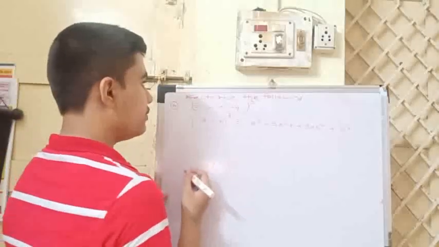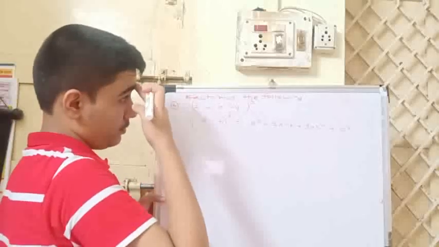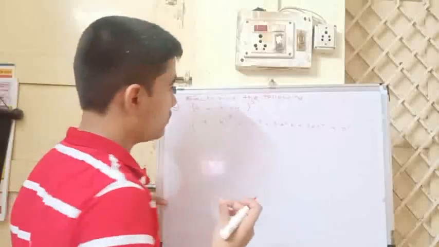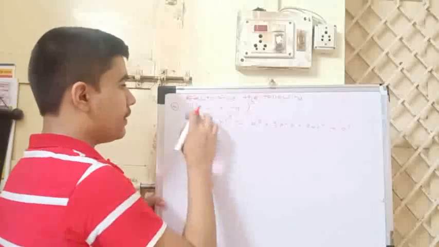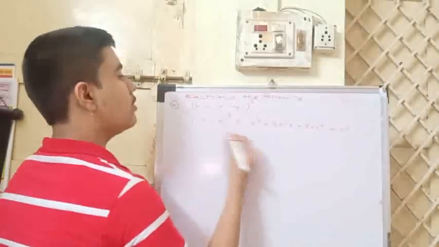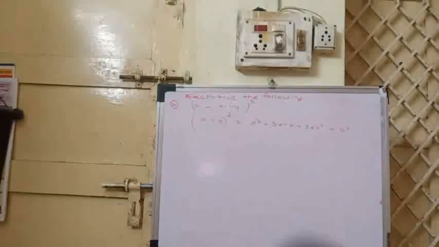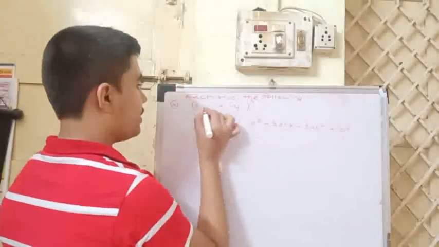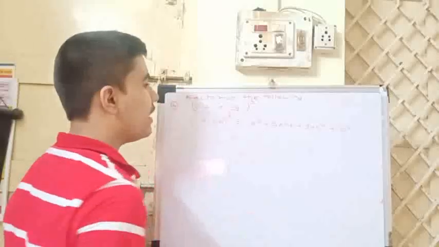Now here we are already given a and b's values, so we will directly put them. Now here a is 3m and b is 4y.